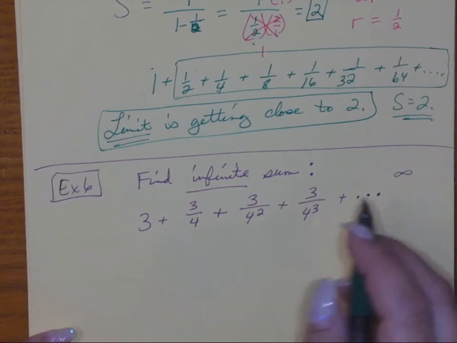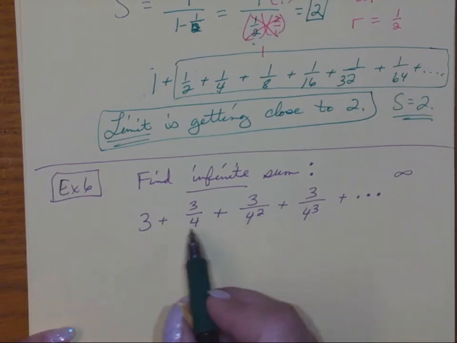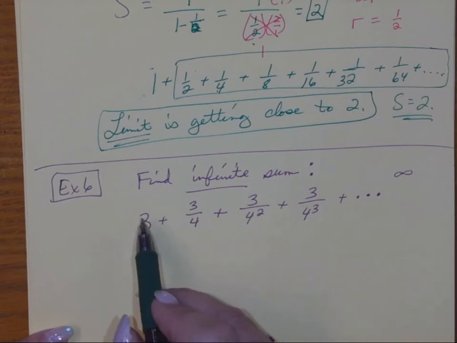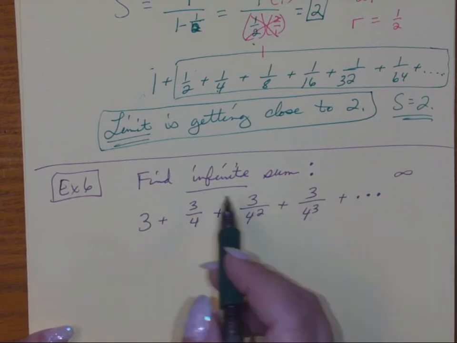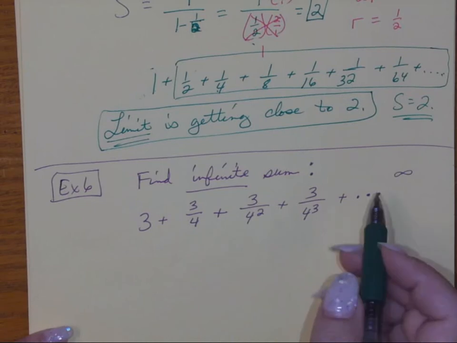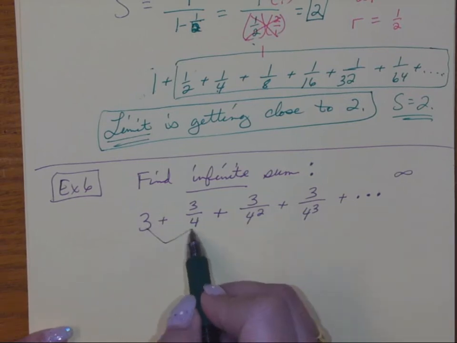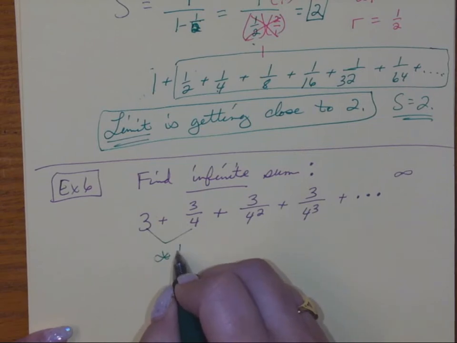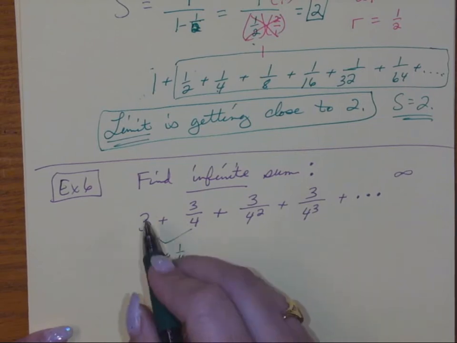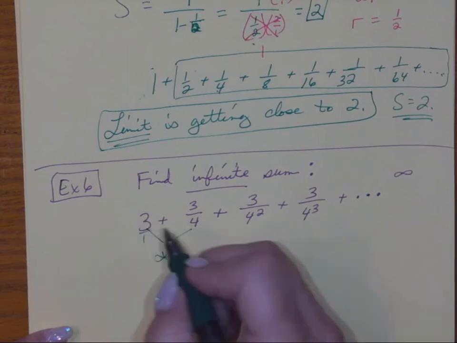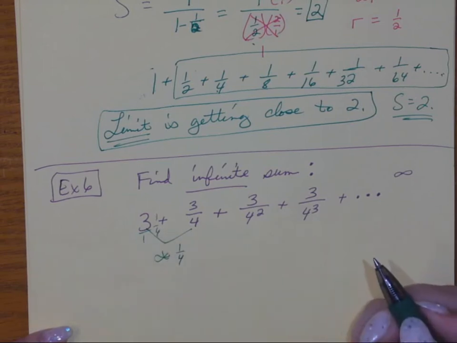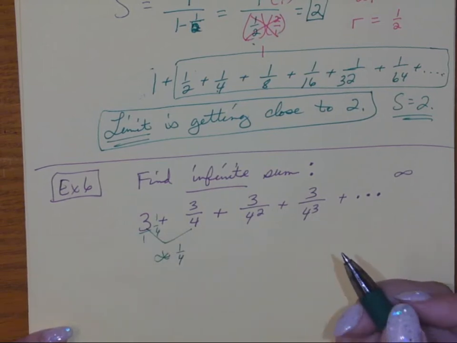So I need to figure out what's happening each time here. What am I multiplying by? Because this looks geometric to me because I've got some exponent stuff coming in there. So here it was 3, and I multiplied that by what? Times 1/4, right? 3 times 1/4, put the 3 over 1, 1/4. Yeah, that's 3 on the top, 4 on the bottom, okay?